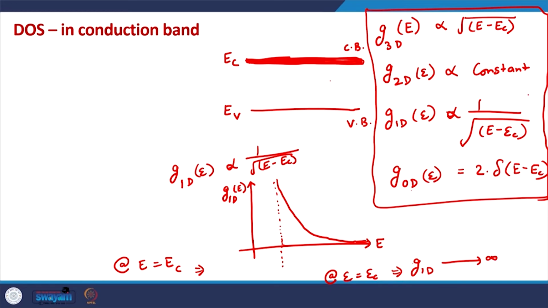This is in contrast with 3D solids. So, now if an electron is excited from the valence band to the conduction band, in most cases it will invariably fall to the bottom of the conduction band, because there is a huge number of electronic states available there, almost infinite. And that is an interesting difference.